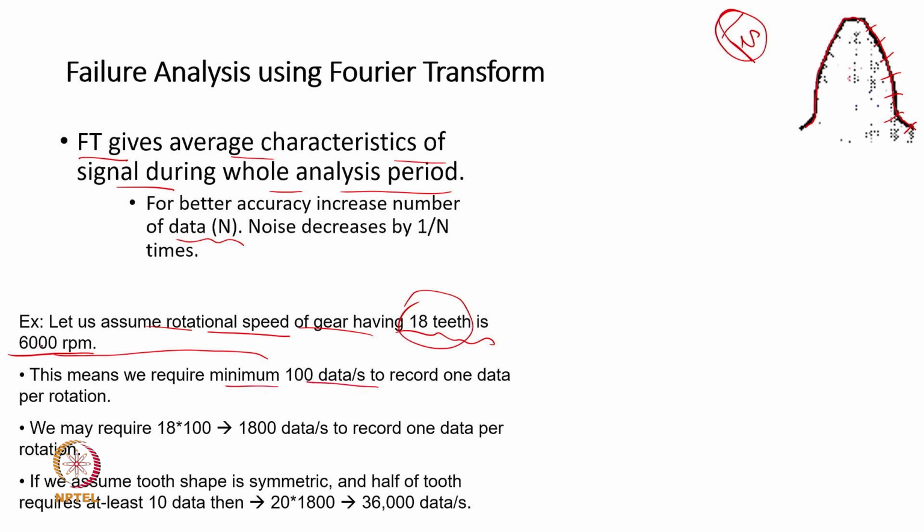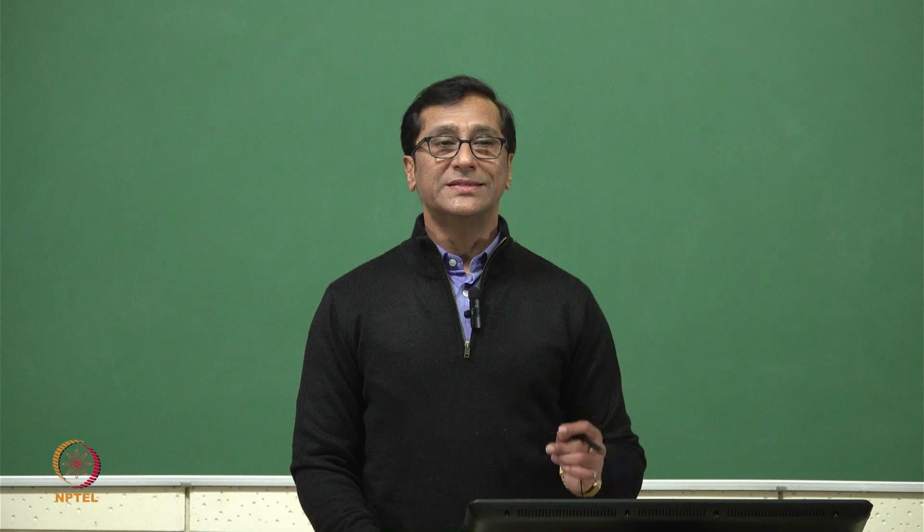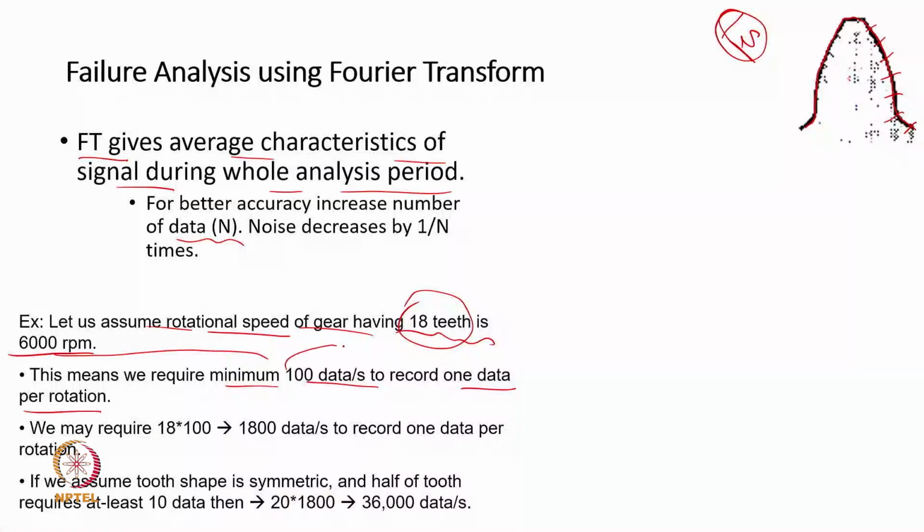I'm converting this to per second to record one data per rotation. We know that 1 minute has 60 seconds, and we want to record 100 data per second, because we know very well it has 100 rotations per second.